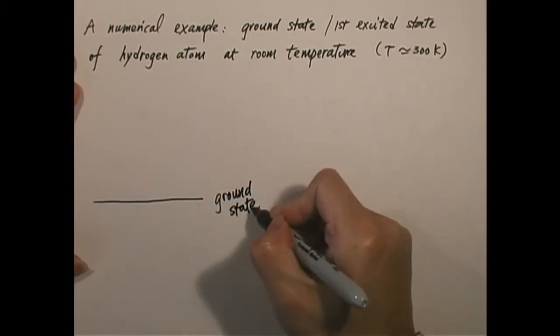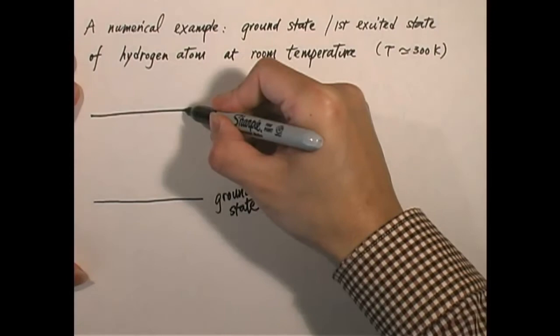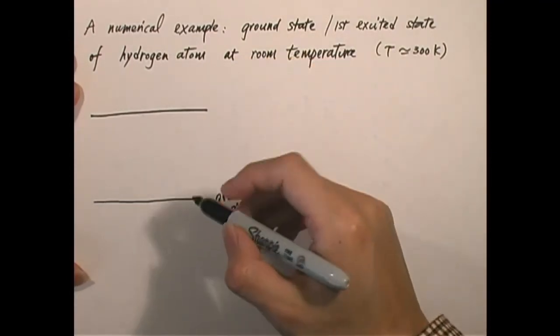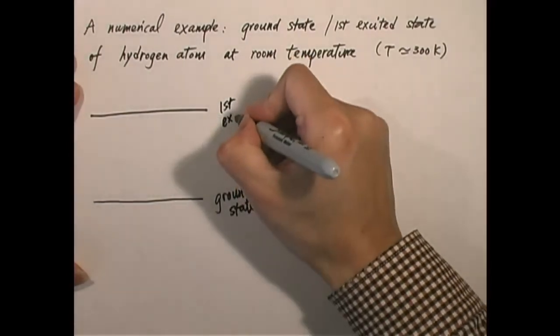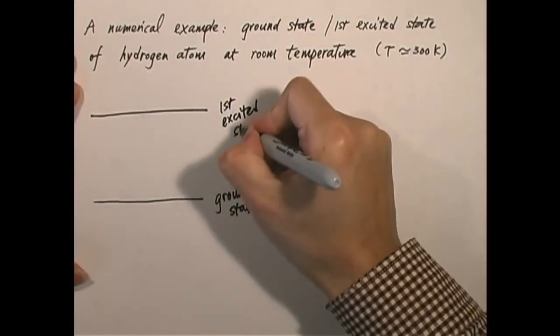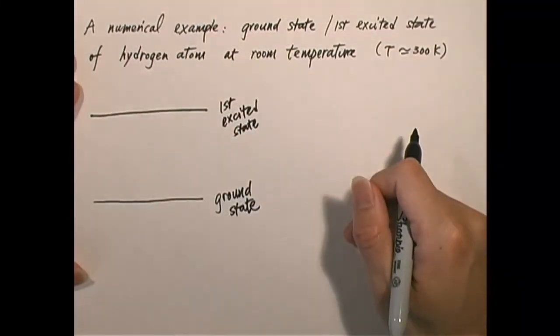The ground state is the lowest possible energy level. And then the energy level that's a little bit higher than that is called the first excited state. And the one that's higher than that is called the second excited state, and so on.